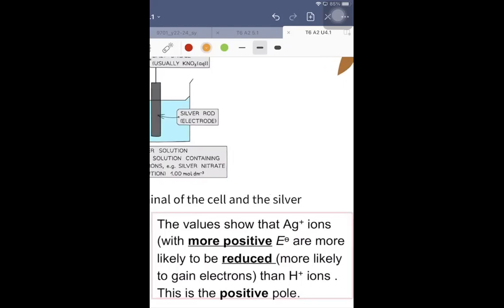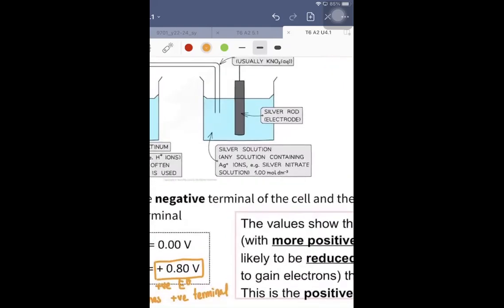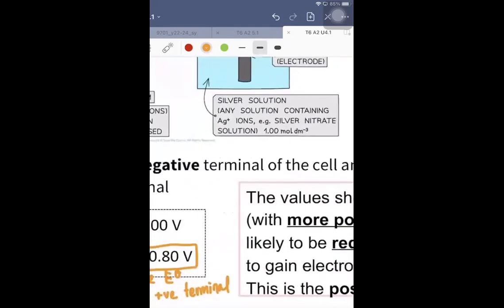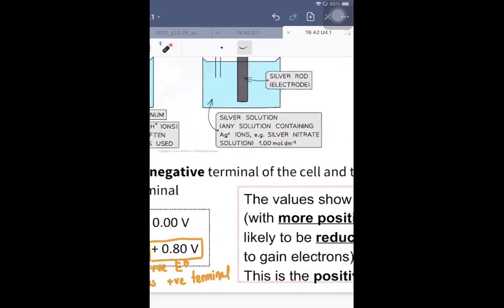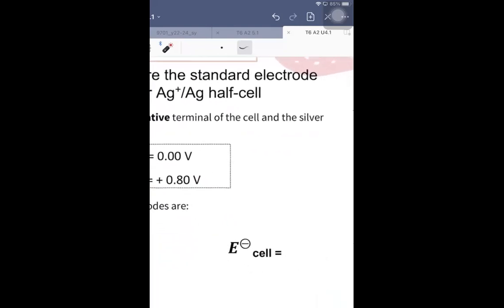The reason for this is because of the equation. A positive number suggests that the forward reaction is favored, which is the reduction reaction. And the most negative between the two will undergo oxidation. Right, that brings us to the next page.